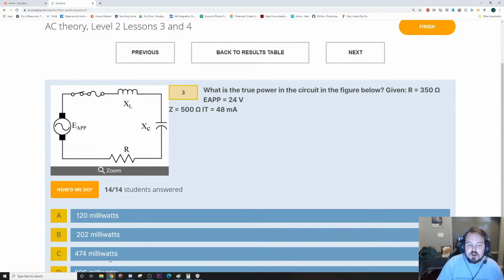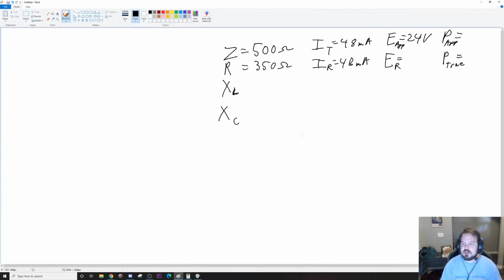We can know more about them, but we can't find specifically what they are. Since they cancel each other out, they could be almost any number individually, as long as their difference is whatever we find. So we're going to ignore that part of it. We're just going to solve our chart.